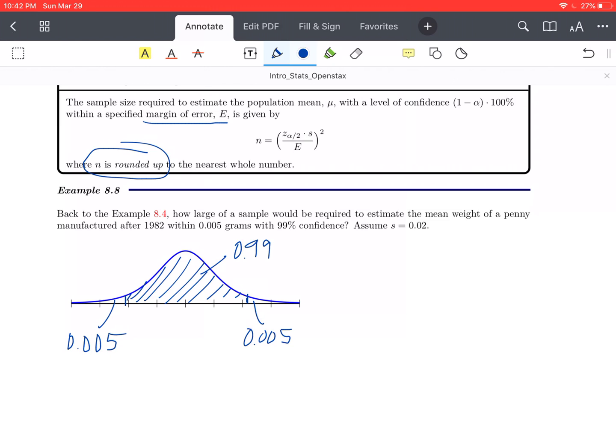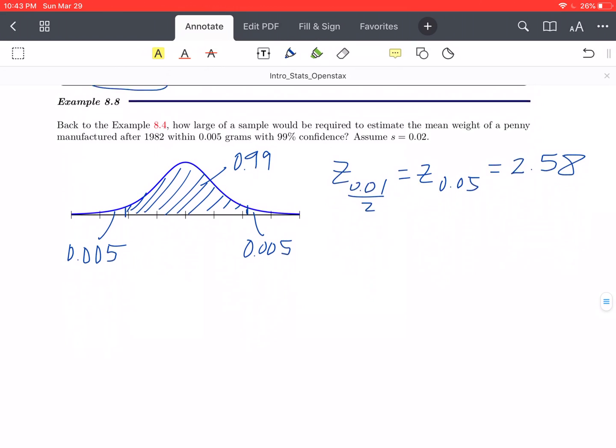Okay. So our z-score, z sub 0.01 over 2, that's z sub 0.05. This value is 2.58. And we found that one earlier. You can go back and look at that.